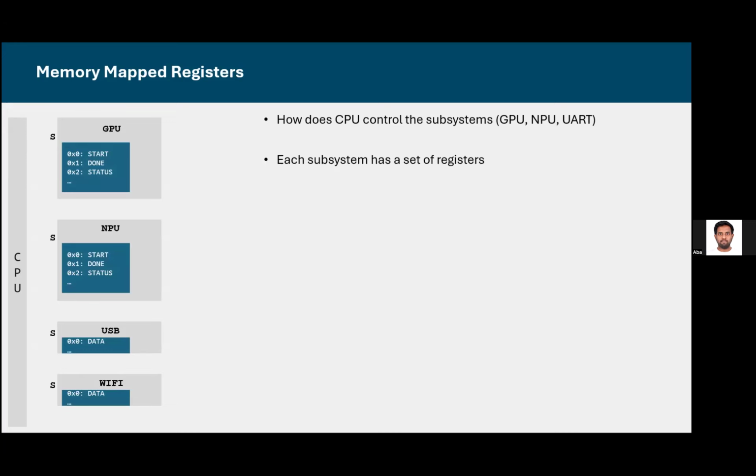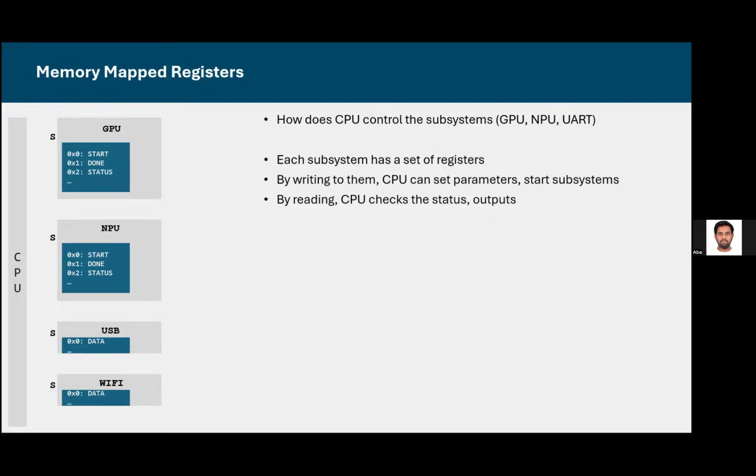The GPU has start, done, status, and the NPU has start, done, status, and USB might have data, Wi-Fi might have data, something like that. The CPU can write to them, set the parameters for the job, and write to the start register, and the GPU will take that as a signal to start doing stuff.